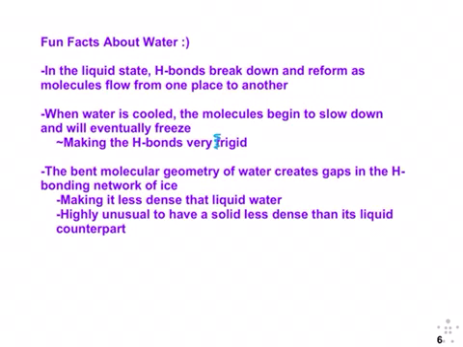So on the next slide, we'll see a diagram of this. It makes it less dense than liquid water because there's a bunch of microscopic air pockets between all of the hydrogen bonding. This is highly unusual, to have a solid that is less dense than its liquid counterpart.